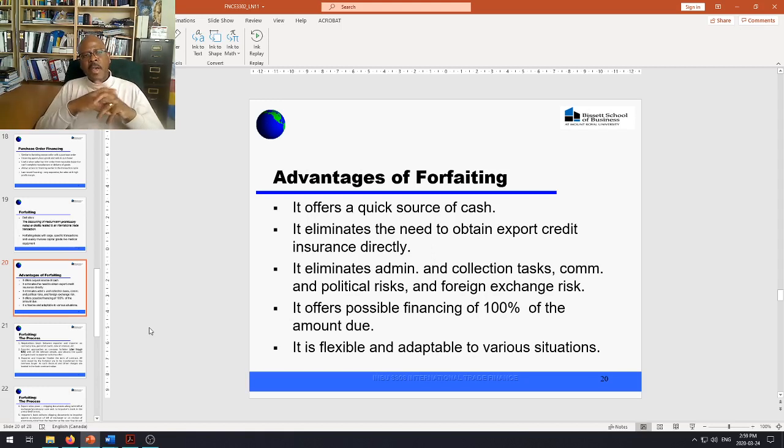Now, whereas factoring has that 20% holdback, so you only get about 80 to 90% upfront, with forfeiting you generally will get 100% of the invoice upfront. And so it's a fairly flexible method of financing.